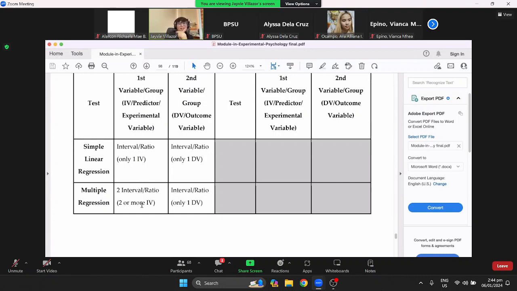Ito yung sinasabi ko kanina na kailangan alam nyo yung nominal, ordinal, and interval ratio. And at the same time, guys, ang second variable mo, as much as possible, again, it should be interval or ratio. How many dependent variable ang meron ka lang dapat? Isa lang. So, multiple independent variable na interval ratio, in relation to one interval ratio na dependent variable.